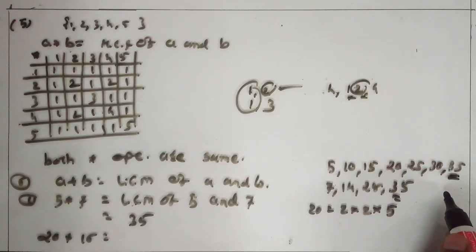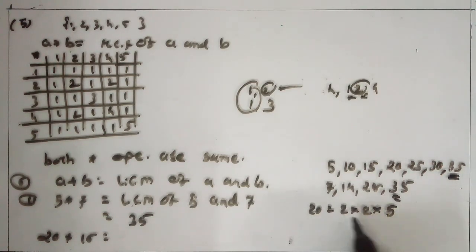Get the factors of 20: divide by 2, then 10; divide by 2, so 5; then divide by 5, so 1. So the factors are 2, 2 and 5. Now the factors of 16: first divide by 2, so 8; divide by 2, so 4; divide by 2 again, so 2 into 2 into 2 into 2.